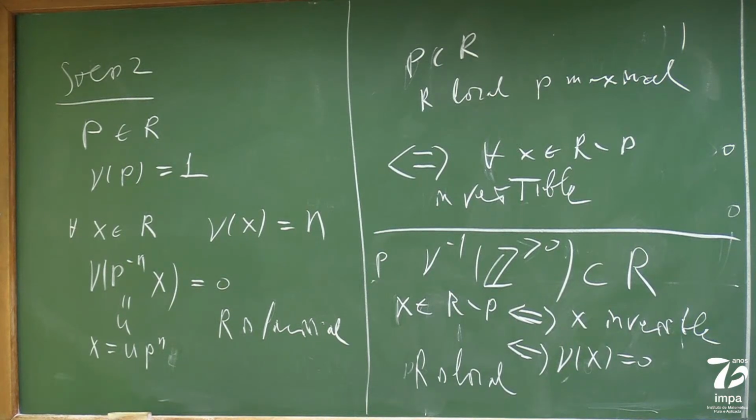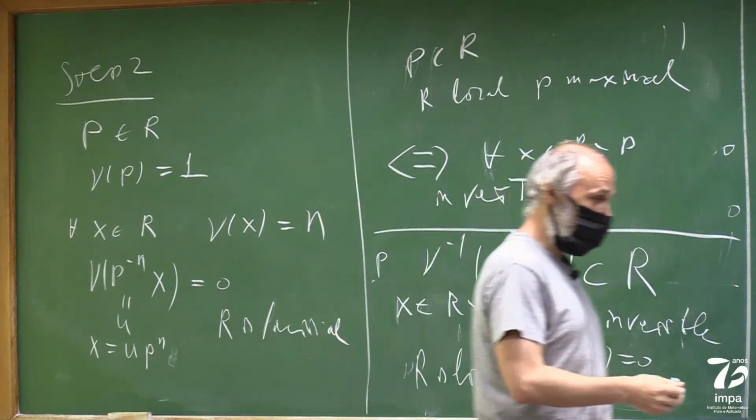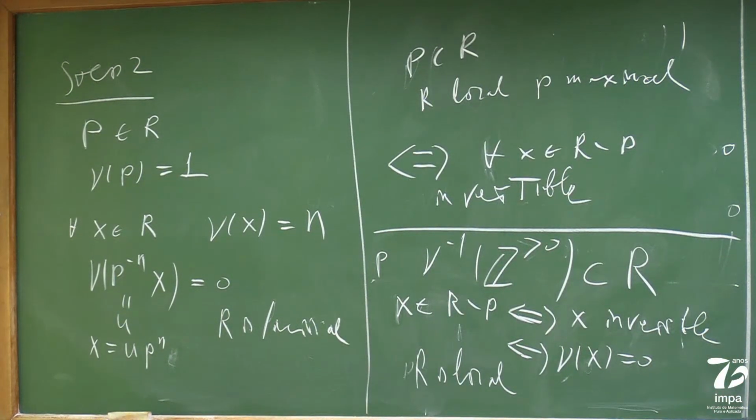Take an ideal, take the smallest power of p which is contained in this ideal, and it generates it by this argument, because all elements which have bigger or equal valuation are divisible by that power of p. So it is a principal ideal ring. It is local.